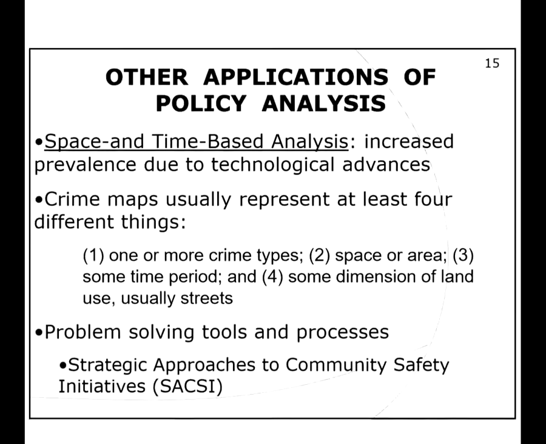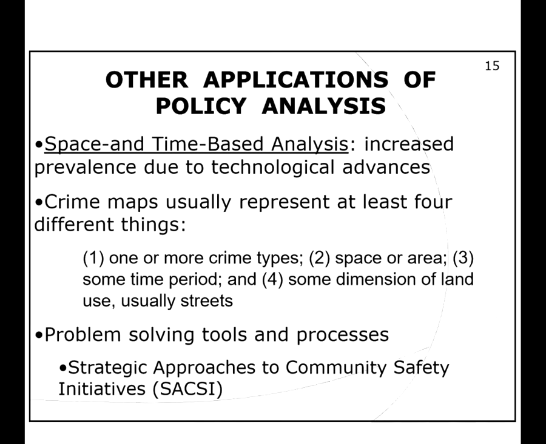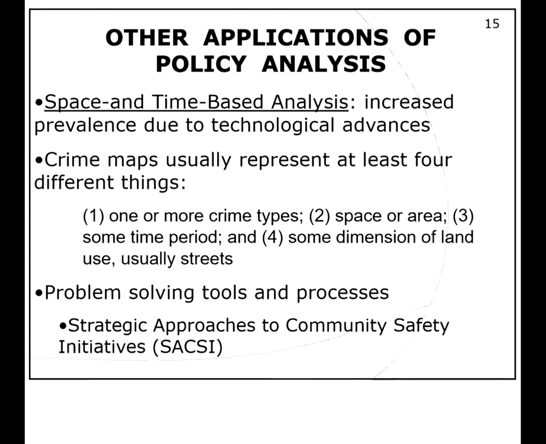Some other applications of policy analysis or time and space-based analysis, right? So crime mapping is a cool thing that you can do, and maybe you want to look at different areas and maybe hotspots of crime, right? To see whether we can use hotspots policing or some other initiative to be able to help with the crime it might have in an area.